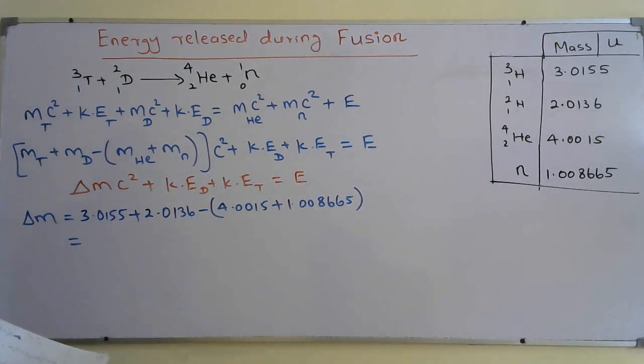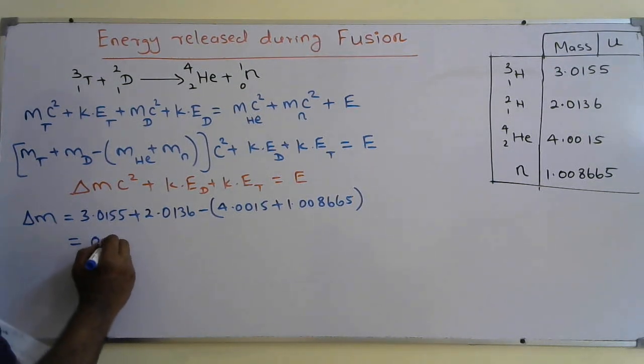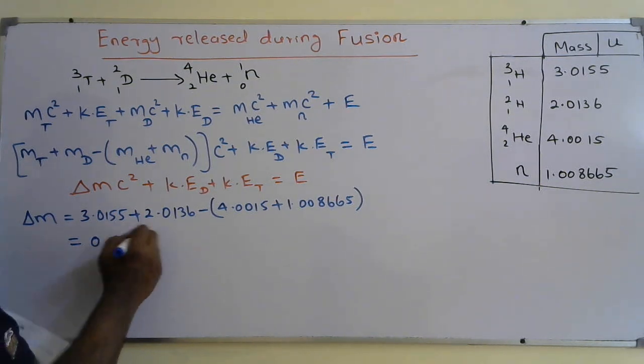So you will get delta M equal to 0.018935.